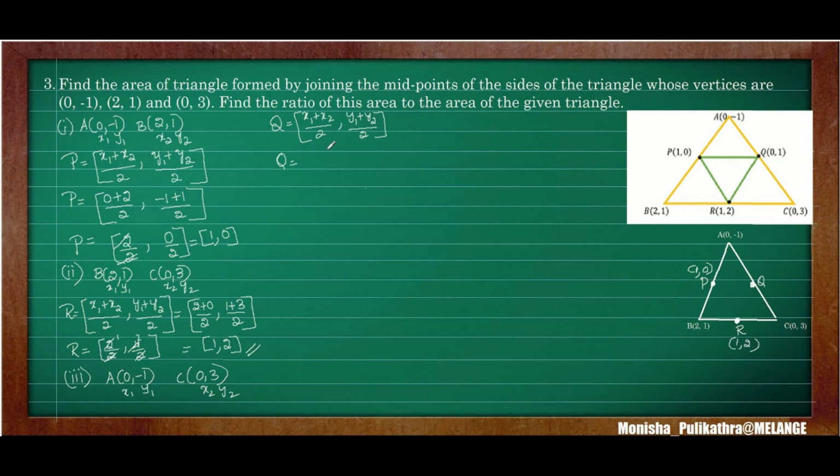So Q is equal to x1 plus x2, both are 0, divided by 2, comma y1 is minus 1, y2 is 3. So Q is equal to 0 plus 0 is 0 itself, minus 1 plus 3 is 2, 2 by 2, so this will be 1. The value of Q will be 0 by 2 is 0, this is 1. So this is 0 comma 1.